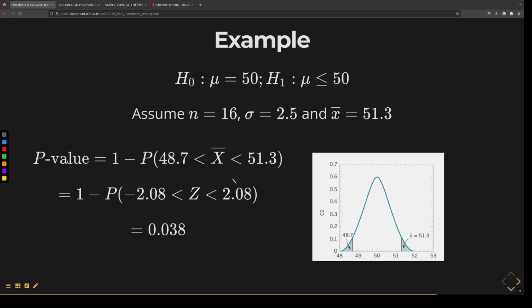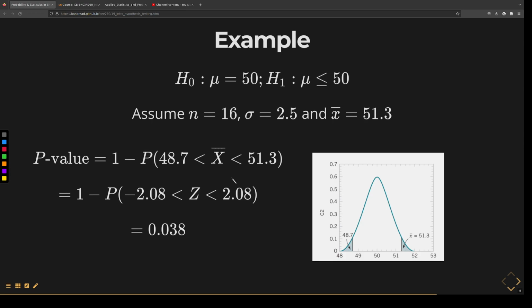So the p-value, again, is the smallest value that will allow us to reject a null hypothesis. Following the example here with the mean equal to 50, we can get the critical values at 48.7 and 51.3. By performing the z-transform, we end up with the probability of z being between minus 2.08 and 2.08.